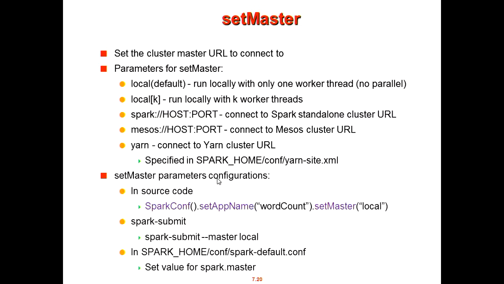And the setMaster parameter can be configured in different ways. And what we have seen before is this way, in source code. In source code, you tell Spark which cluster you use. You can also specify this in the spark-submit command. Okay, so I will introduce this later. So spark-submit is used to submit your code to Spark for execution. And when you submit your code, you can also specify the cluster by using this master parameter.